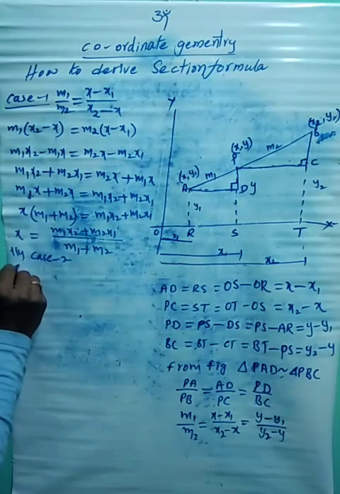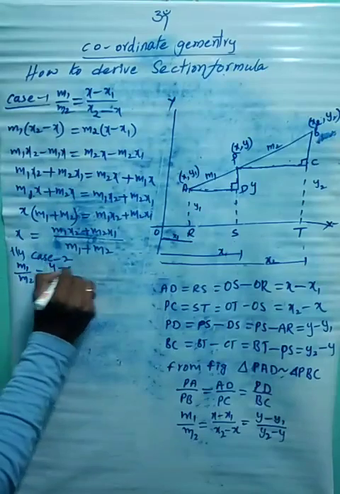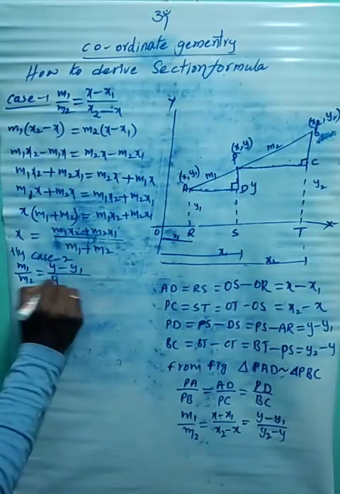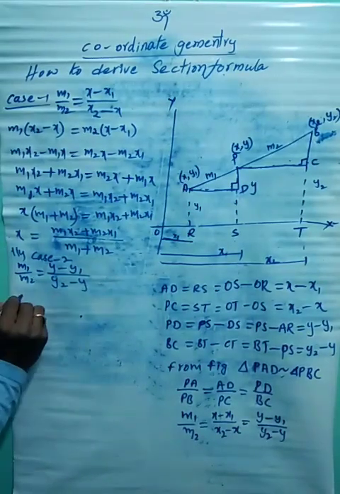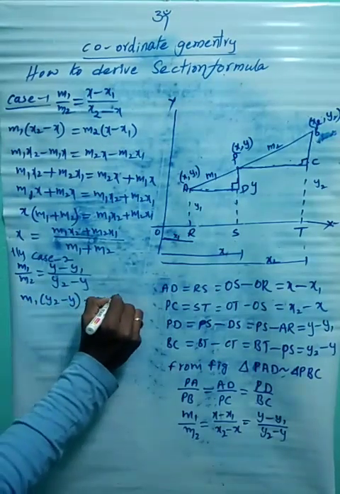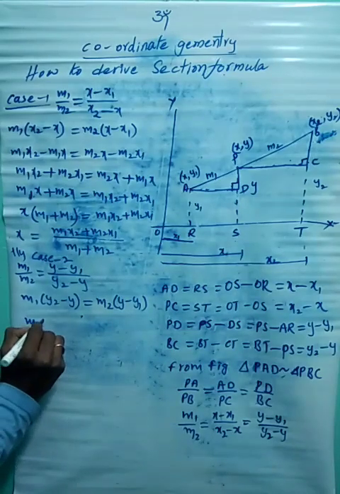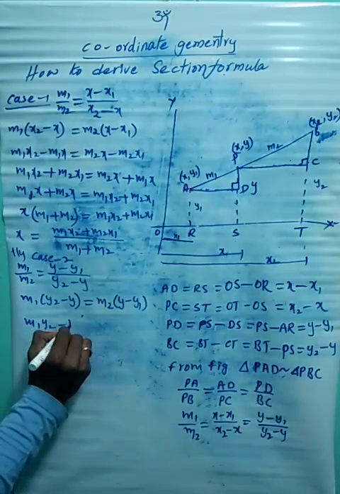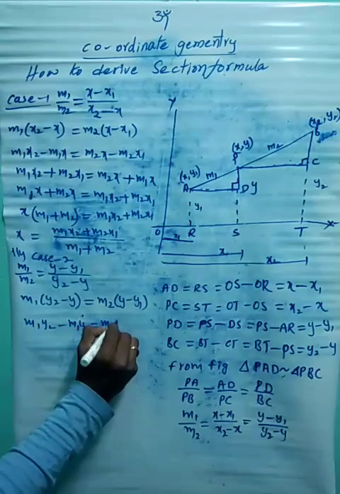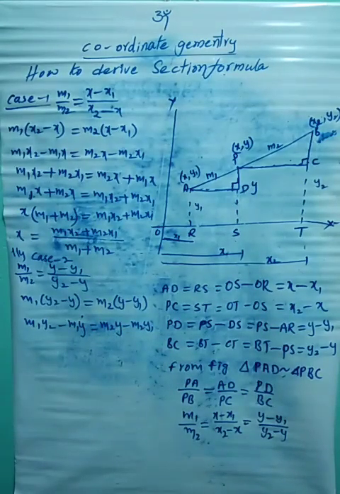So case 2 is M1 by M2 is equal to Y minus Y1 by Y2 minus Y. Same cross multiplication: M1 of Y2 minus Y is equal to M2 of Y minus Y1. Now multiplication: M1 Y2 minus M1 Y is equal to M2 Y minus M2 Y1. Similarly, I am taking Y values one side and Y1, Y2 values one side.